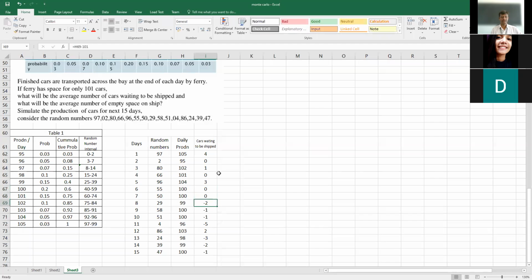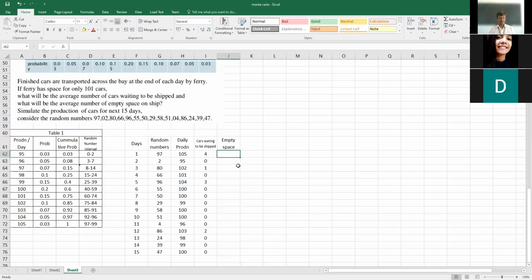Okay, 0 means there is no number of cars waiting in the factory to be shipped. Okay, this is about number of cars waiting. Next one, we need to find out the empty space. What is going to be the empty space for this production schedule?